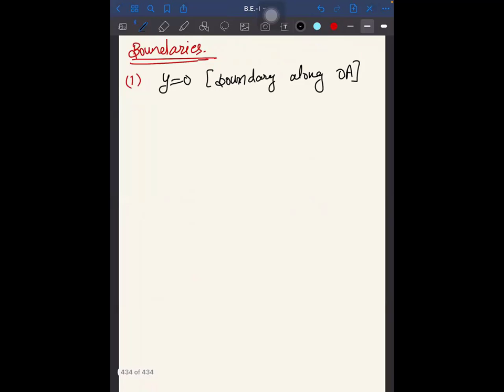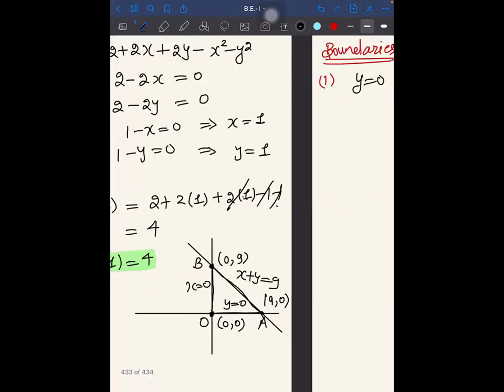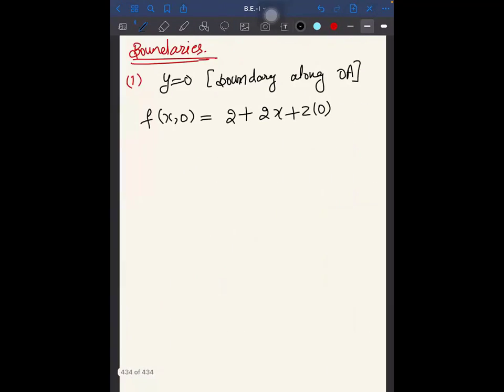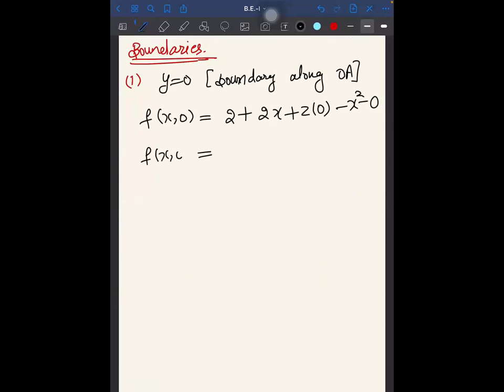So this function will behave as 2 plus 2x plus 2 times 0 minus x square minus 0. So this function would be in one variable. Am I right in saying this?